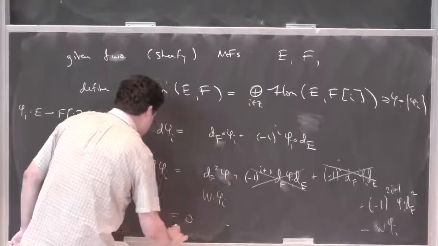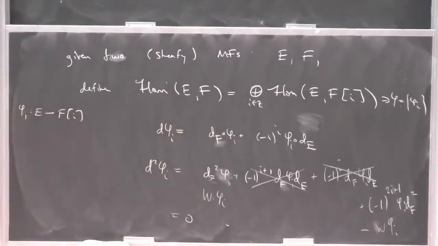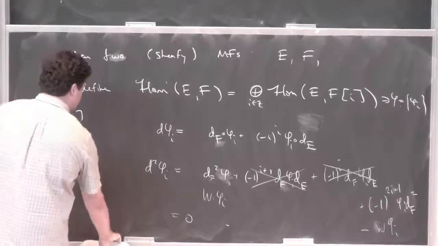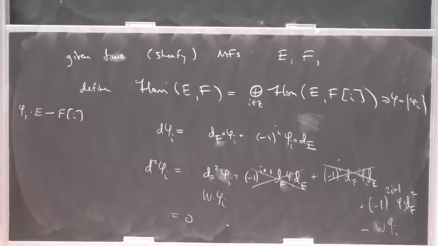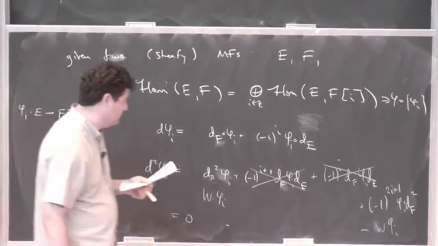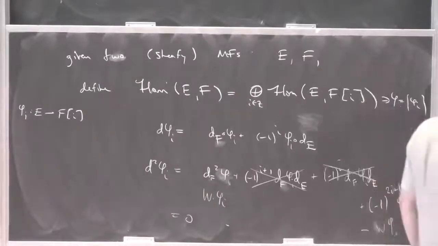So it was worth doing this once, we get 0. Right, so even though d squared was not 0 on E and F, nonetheless d squared is 0 on the Hom complex. Okay.